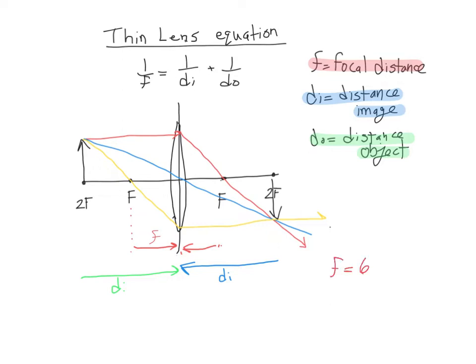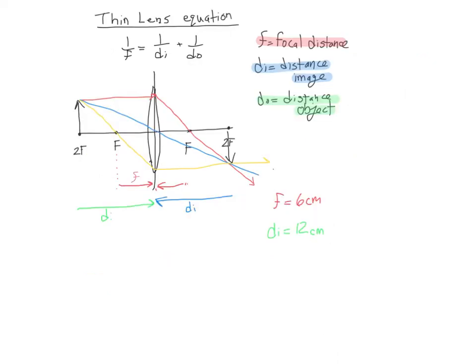So in a word question, it would say the focal distance of a converging lens is 6. And then the distance of the object, do, is going to be 12. And you know, usually there will be units. So let's just say centimeters.